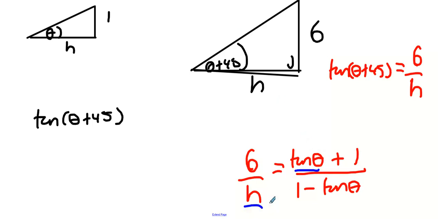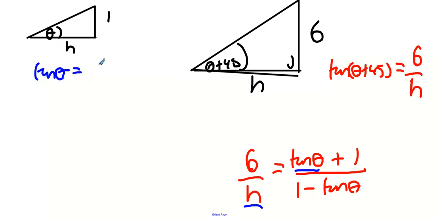That's an issue. Can anybody suggest a triangle I haven't used yet? I haven't used the small triangle yet. Tan theta is what? Oh, well, that's convenient. What can I do now? Anywhere I see tan theta, replace it with that. Yeah, that's exactly what I'm going to do.